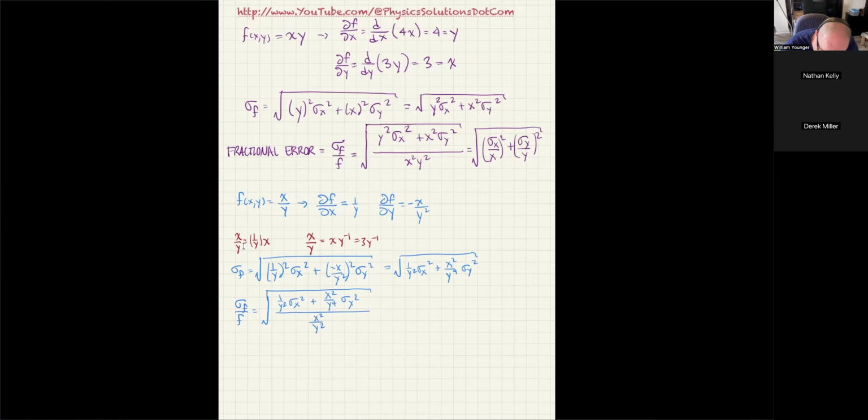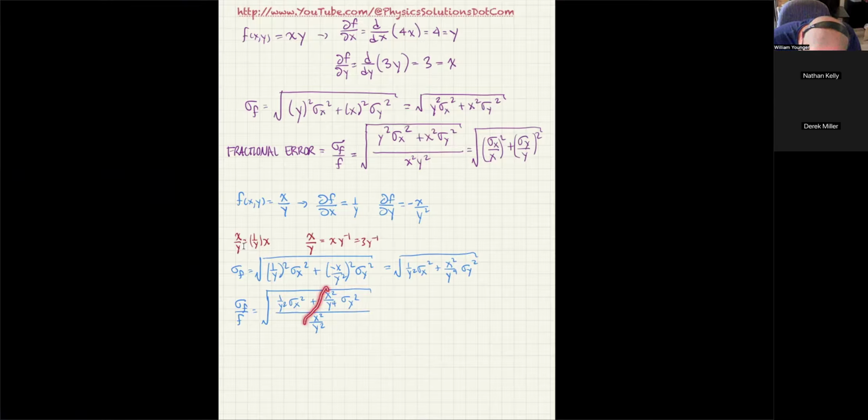So now, just like before, when you try to break this up into separate fractions, you can see the 1 over y squared is canceling out with the y squared, and the x squared is going to be under the sigma x. So we're getting again the formula for the fractional uncertainty in x.